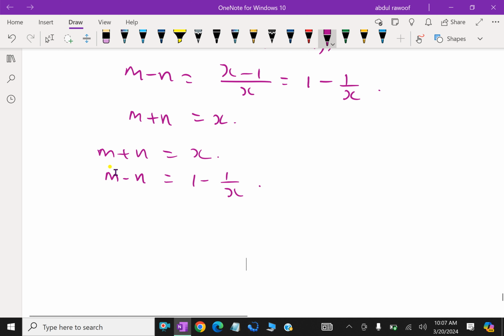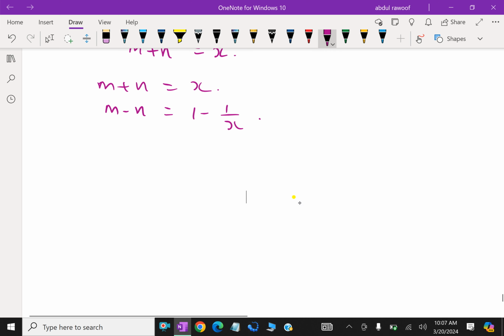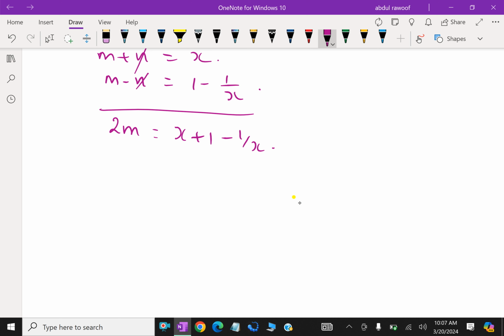Here this is simultaneous solving this, adding n and minus n cancel. This is 2m equal x plus 1 minus 1 over x. So 2m equal x minus 1 over x plus 1.